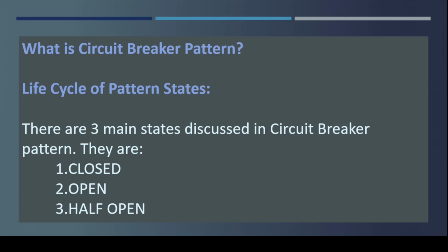The open state is when the percentage of failing remote API calls exceeds the given threshold. We have to give some properties for the threshold, and if it is exceeded for our remote API calls, the circuit breaker changes its state to open. Calling the microservice will fail immediately and exceptions will be returned back, which means our flow is interrupted.